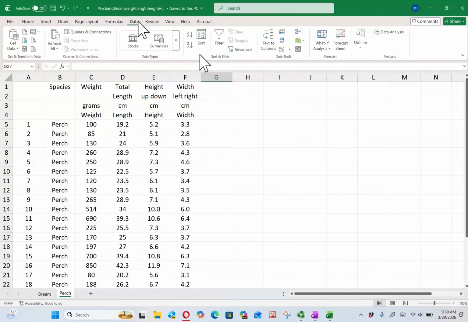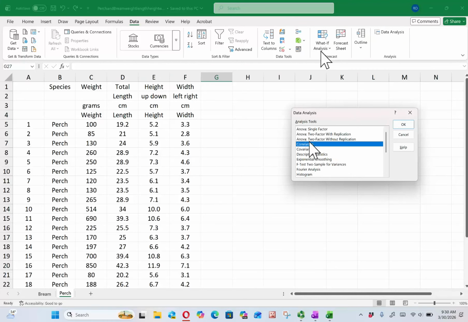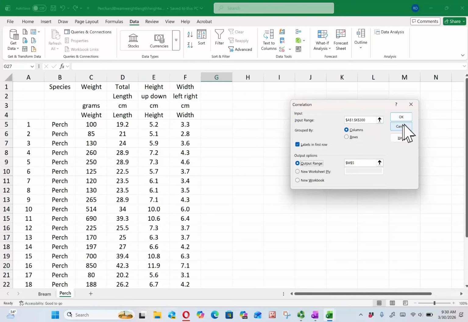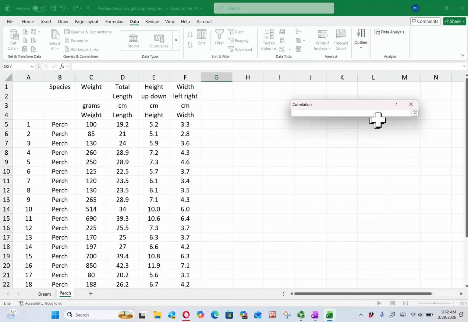Data analysis, correlation, and it's going to have that old stuff in there that I got to erase. And yours may not do that. It depends on what version of Excel you're using. Input range.